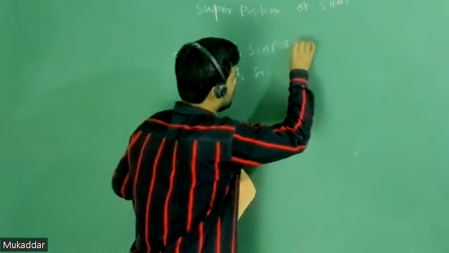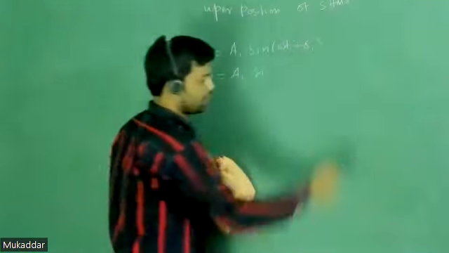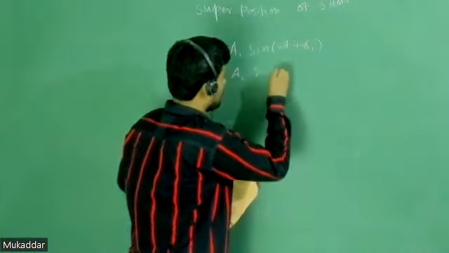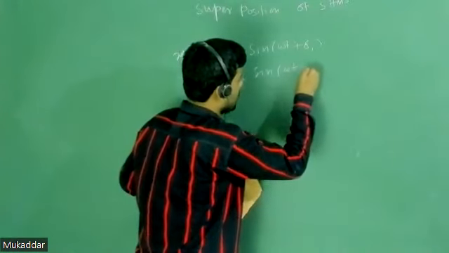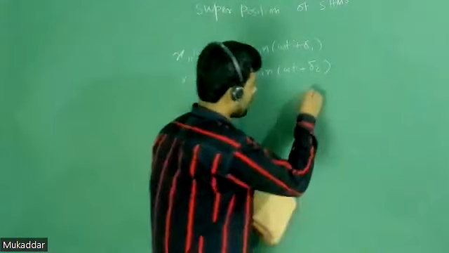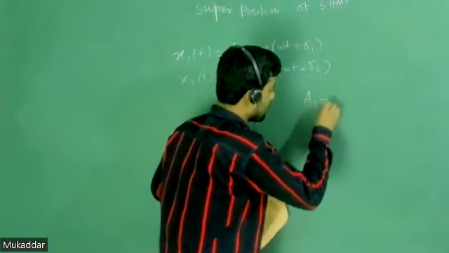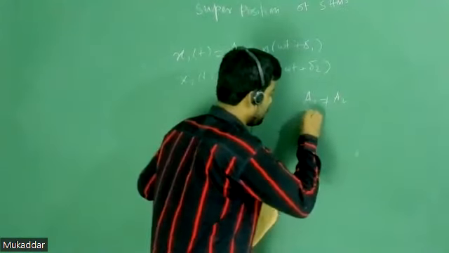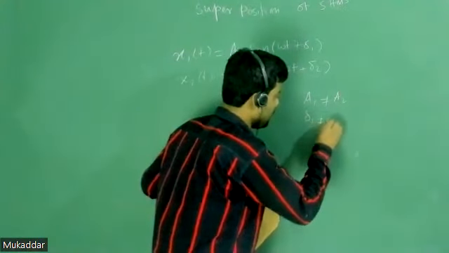Also, an initial phase was given for SHM number 1, that is delta 1, and for the second motion it was delta 2, right? You can see from here you have different amplitudes, A1 not equal to A2.